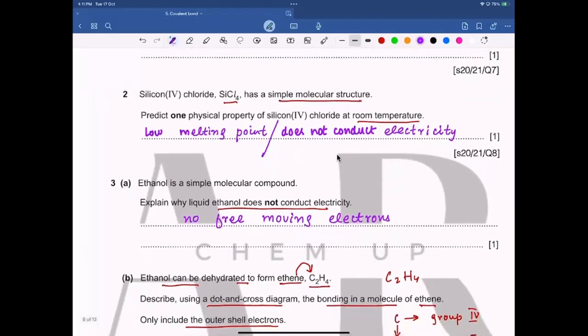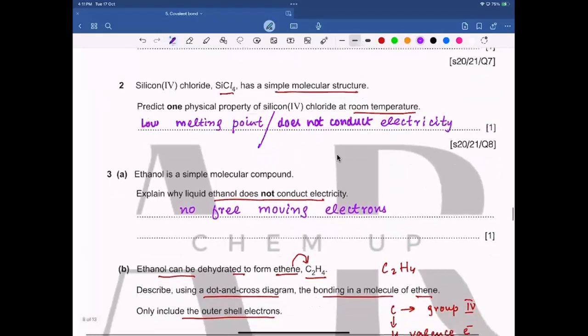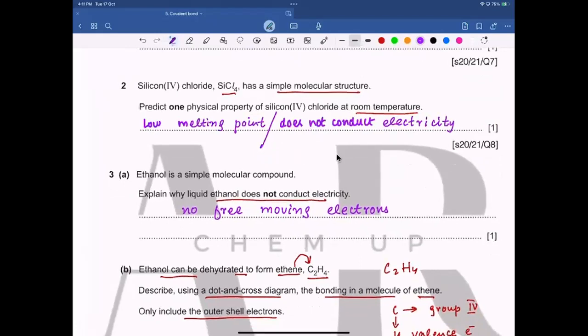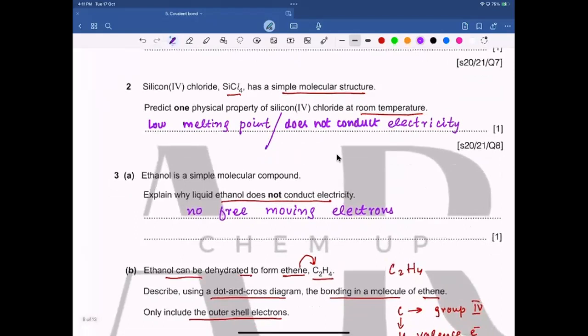Include the outer shell electrons only. Yes, Khatija, are you drawing?